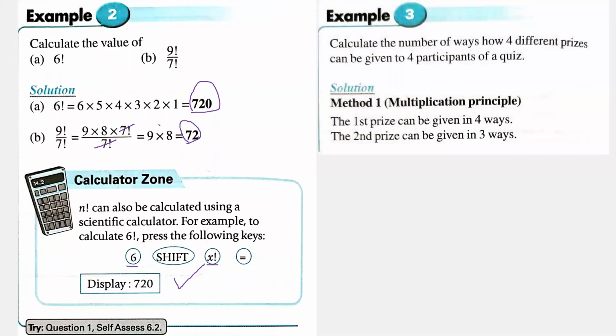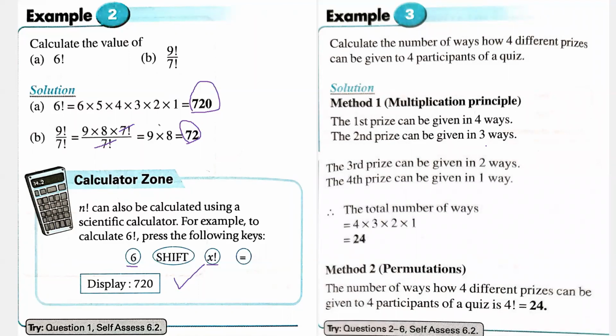Calculate the number of ways 4 different prizes can be given to 4 participants of a quiz. The first prize can be given in 4 ways, the second prize in 3 ways, the third prize in 2 ways, and the fourth prize in 1 way. Why?